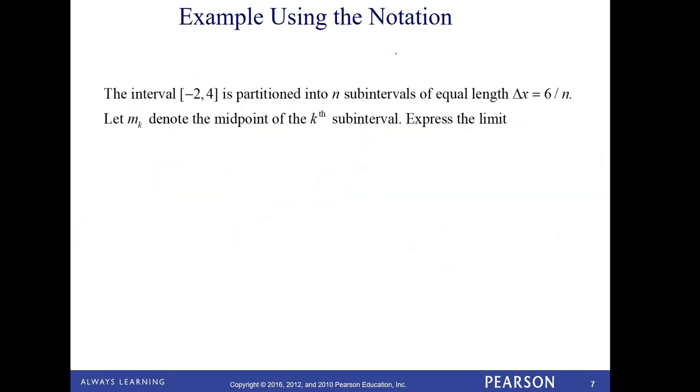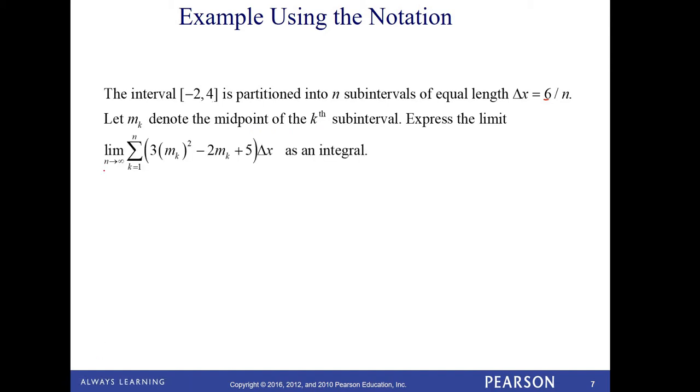So here's an example using different notation. The interval from -2 to 4 is partitioned into n subintervals of equal length, delta x being 6 divided by n, because the interval from -2 to 4 is 6 units long. Let m of k denote the midpoint of the kth interval and express the limit.